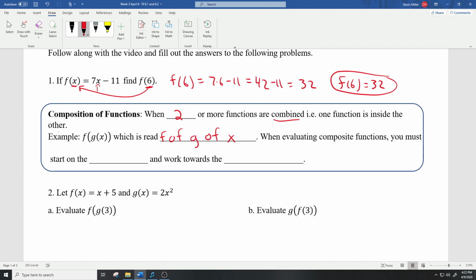When you see the parentheses, it does not mean multiplication. It is just the word of. It's notation. So you can see inside here you have g of x, and then outside here you have f of the whole thing. So it's f of g of x. That's how you read that. So we're going to see how you tackle something like this. When evaluating composition functions, you must start on the inside.